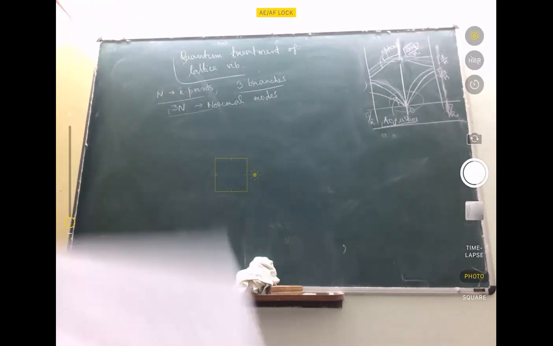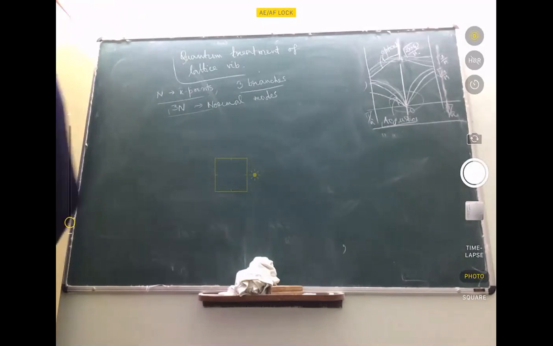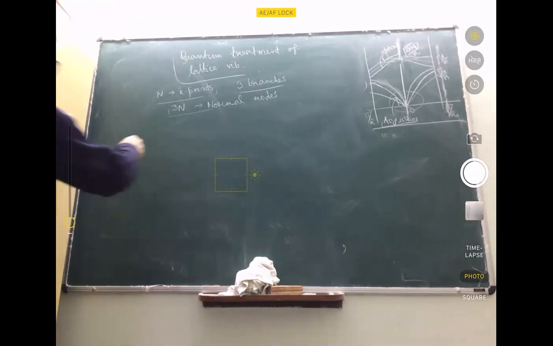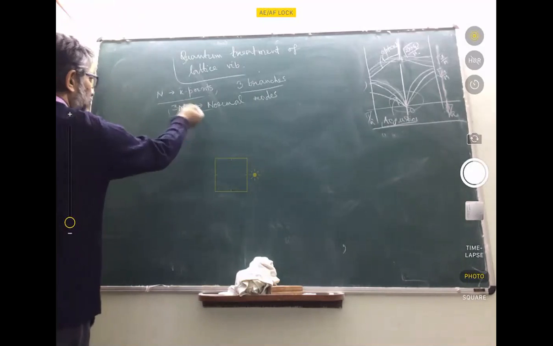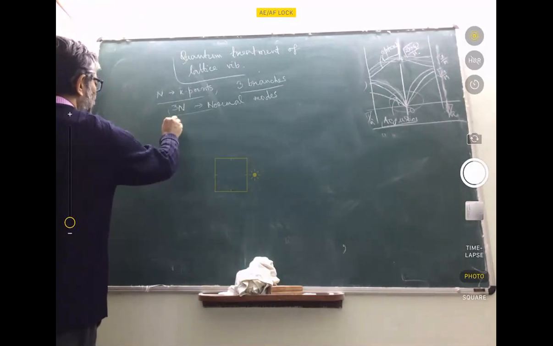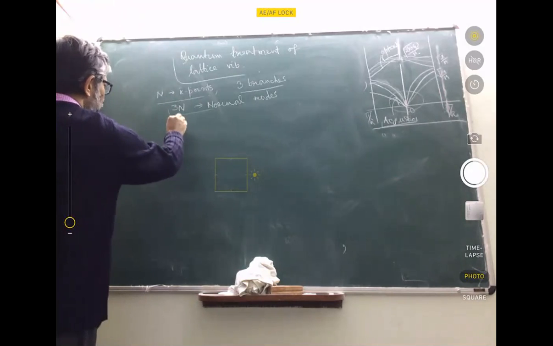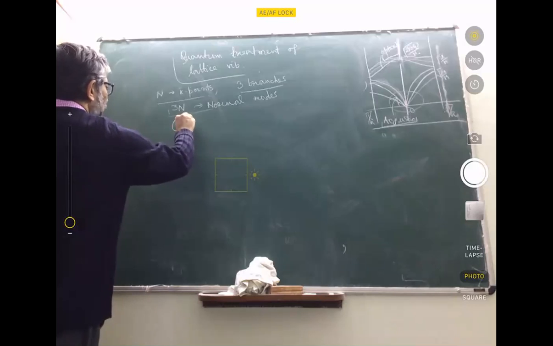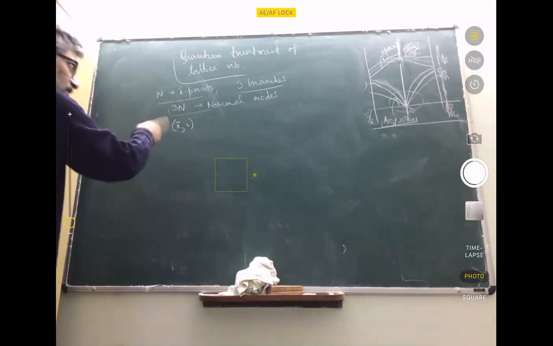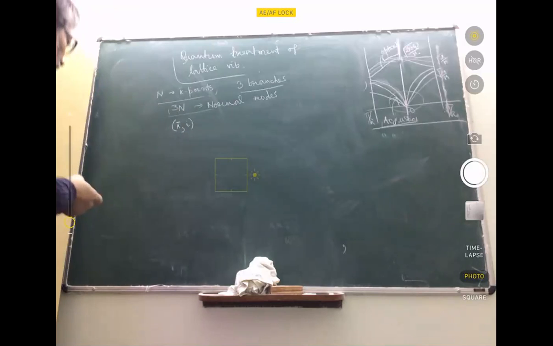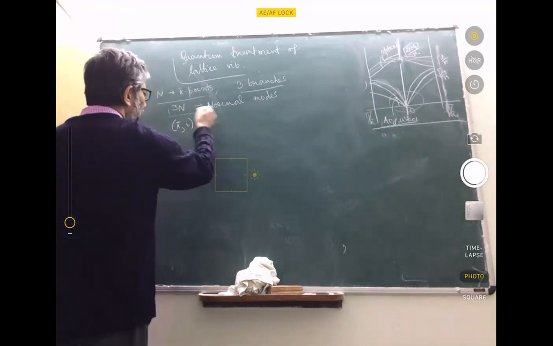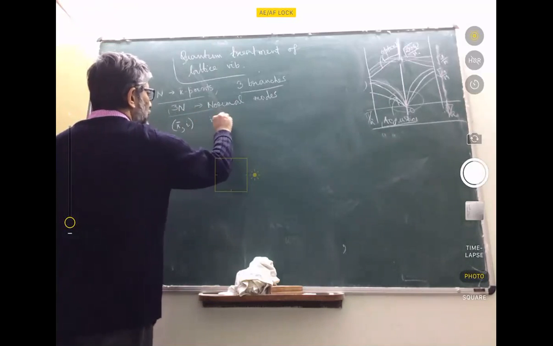I'll write down the notation that we are using here. So we have 3N normal modes, and this 3N number comes from N k points and these polarization directions i. So k has N values, and i is 1, 2, and 3 in a 3-dimensional crystal.